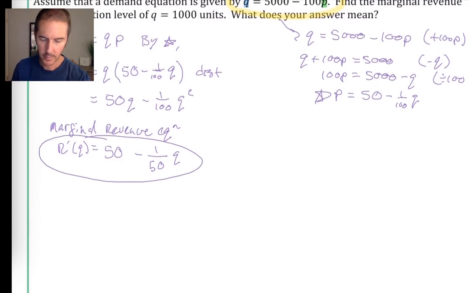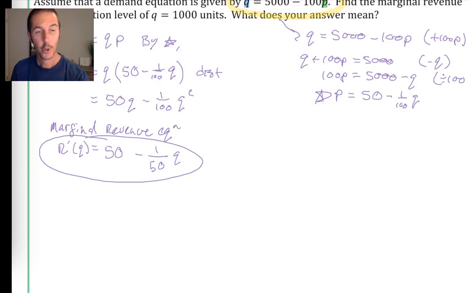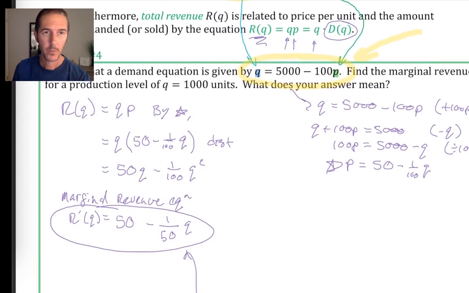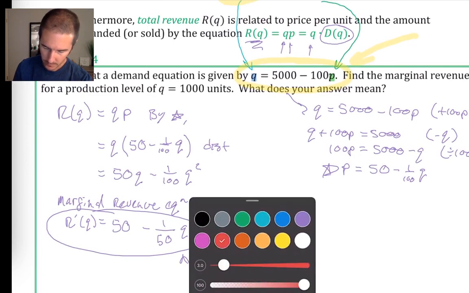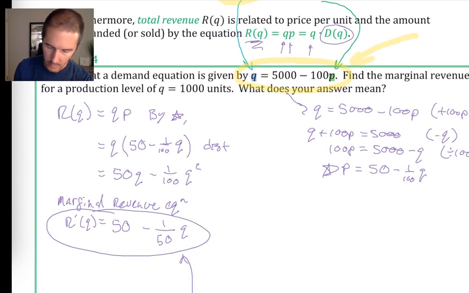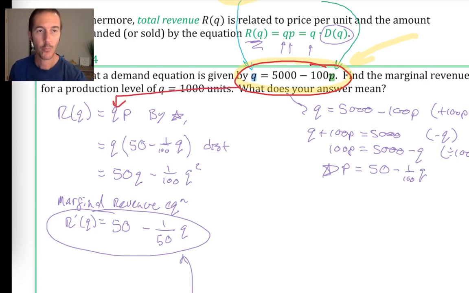So this is my marginal revenue equation, and now I want to know what's the marginal revenue for a production level of Q units. Good thing that Q is the only variable we have in our marginal revenue equation. If we had taken this equation as it was and plugged it in here for Q, then our revenue equation would have been in terms of P. But then they didn't give us a P value, they gave us a Q value.